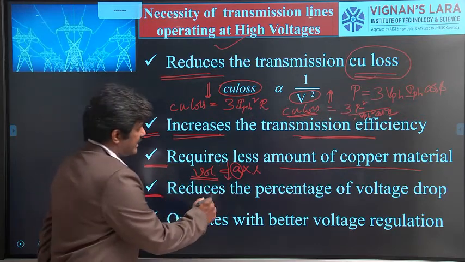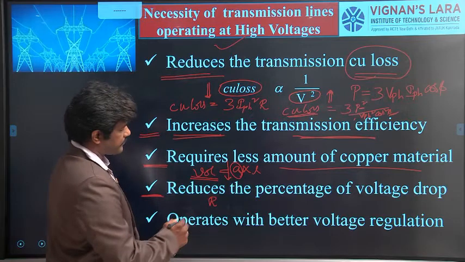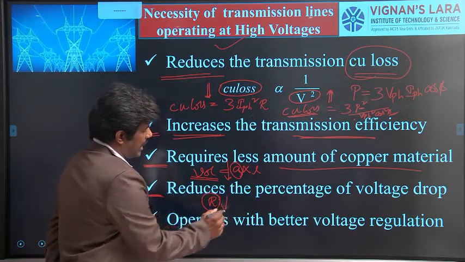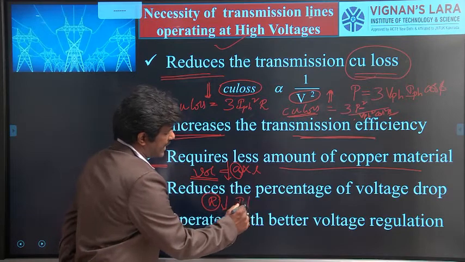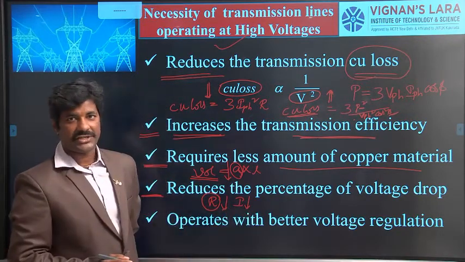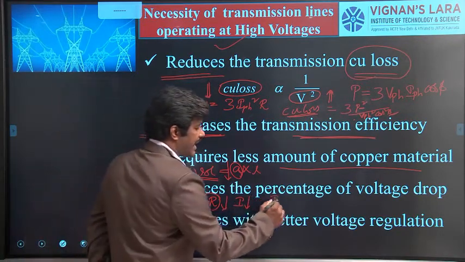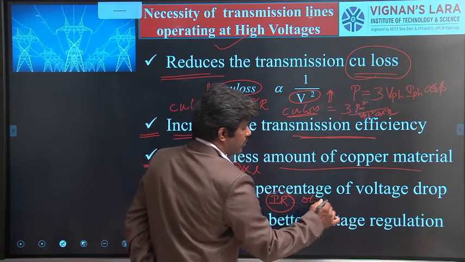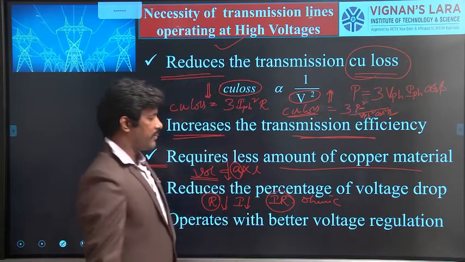And the fourth advantage: since a smaller cross-sectional area is used, the volume gets decreased. Next, the resistance of the material has been designed to be very low, and the current's magnitude has fallen because of high voltage operation. The product of I and R is called the ohmic drop or voltage drop.